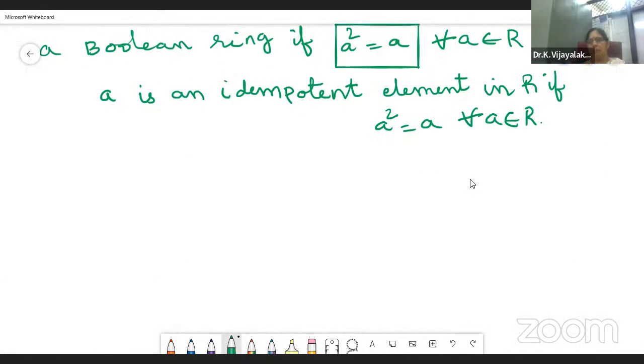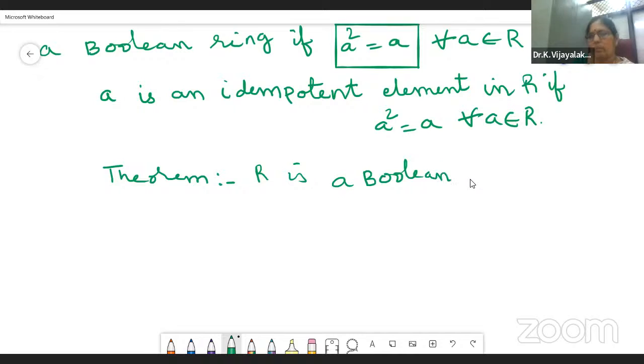Now, Boolean ring. What do you mean by Boolean ring? All the elements are idempotent elements. Let us do one theorem on Boolean rings. Whenever R is a Boolean ring, first, a plus a is 0.